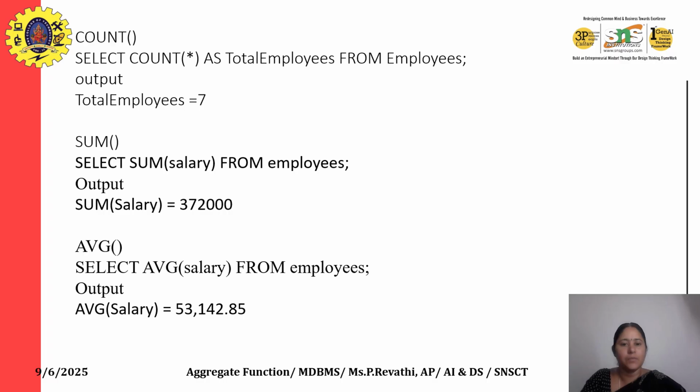In our table, we got 3,72,000 as the sum, then divided by the total number of employees or total number of records. So we got 53,142.85 value.